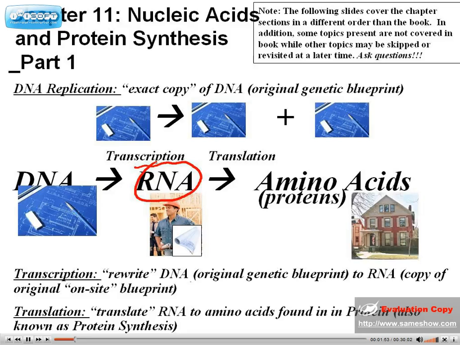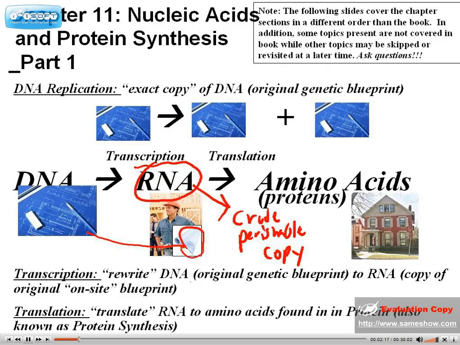So RNA, you can think of it as a crude, perishable copy. So just as an architect would go ahead and make a photocopy of the original blueprint, the body does the same thing.